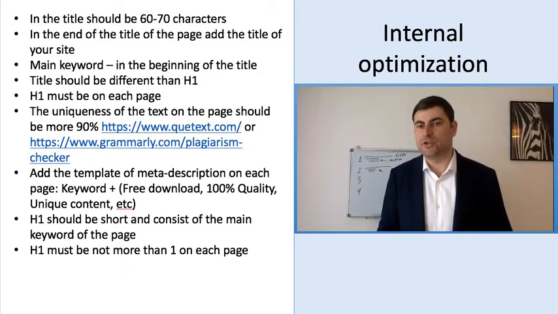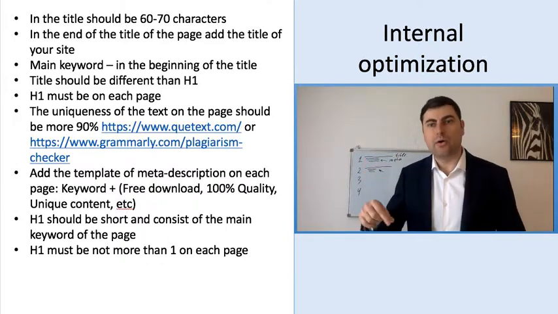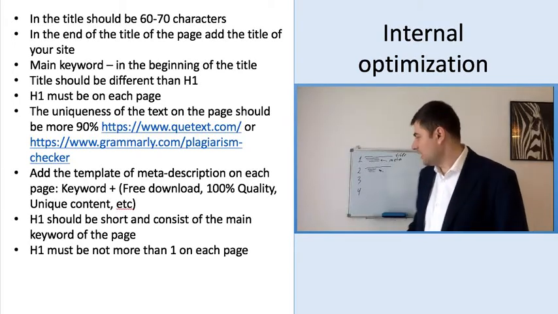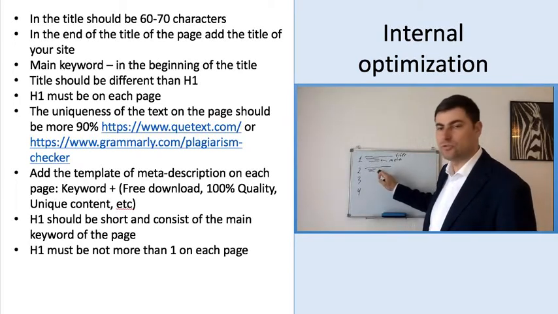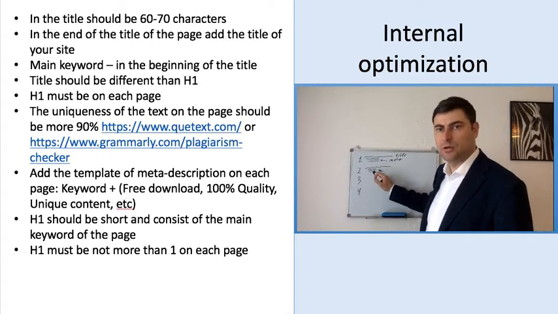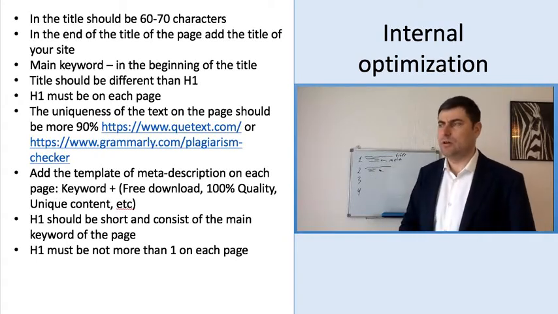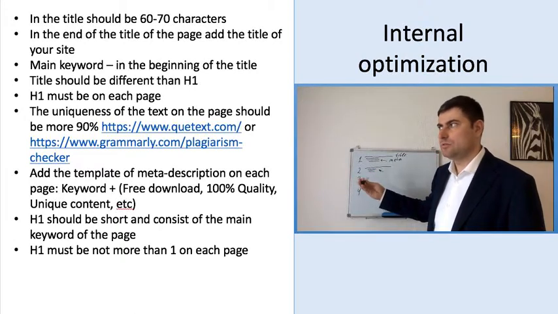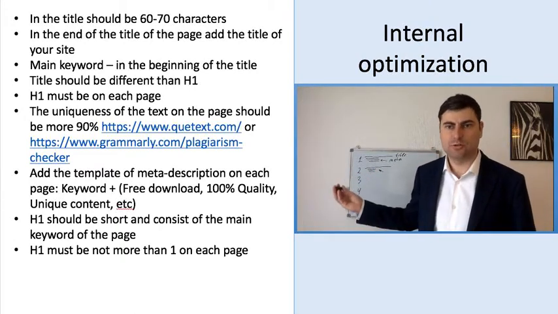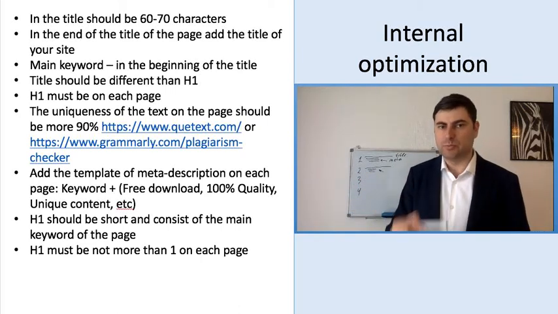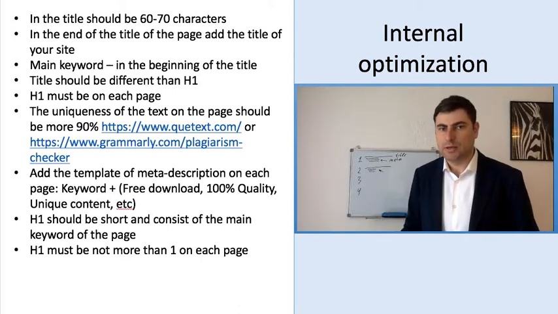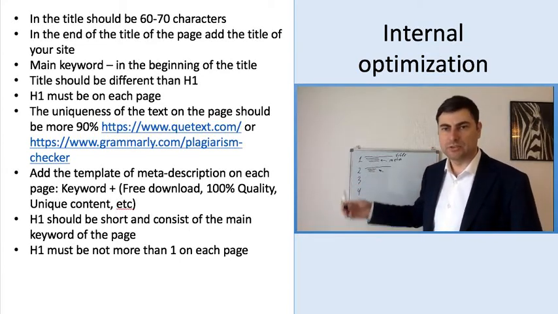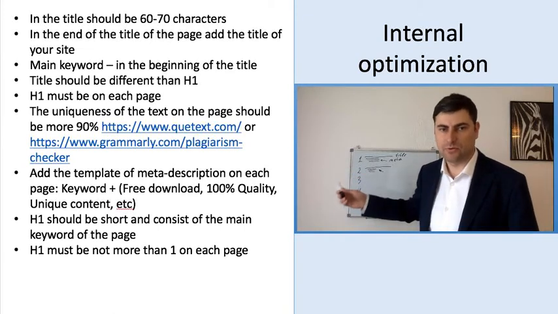And then a call to action, for example, go and click, watch online now, click and watch, and the user will see this call to action right here and will understand, oh yeah, if I click here, I will watch. So he will click and watch. This is what we need. So put in the meta description calls to action and some keywords that he will see here, and will decide that this is what he's looking for.